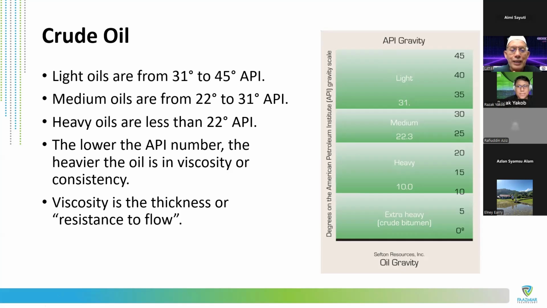So that's why it has a higher value. If the field has more contaminants, for example, another field in the Peninsula or in Sabah with an API of 30, then of course the commercial value will be less.